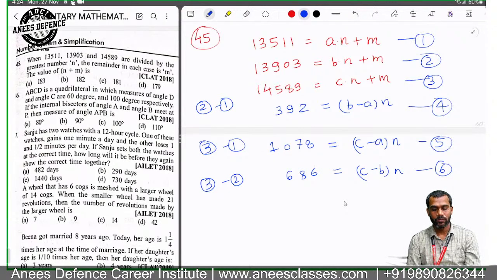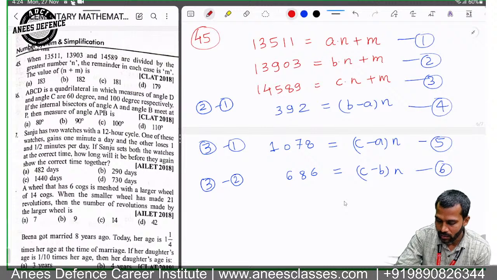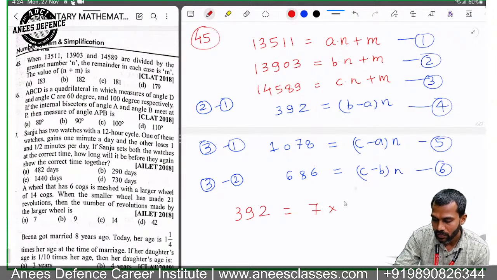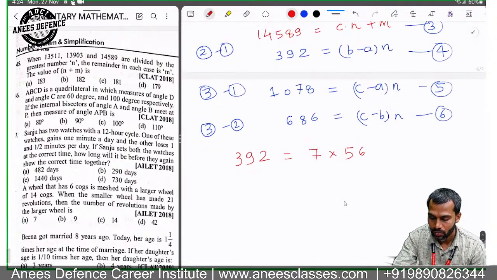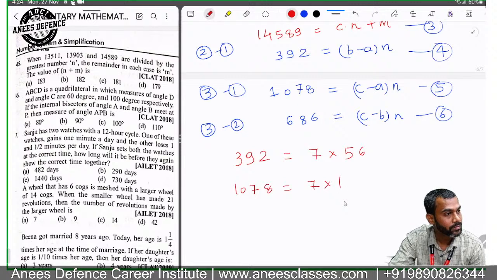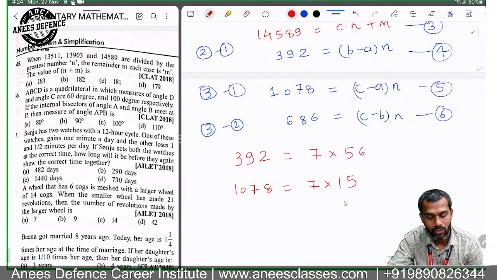So let us divide. 392 can be written as 7 into 56, 7 5s are 35 and 7 6s are 42. What is 1078? 7 times 154, 7 ones are 7, 7 5s are 35, and 7 4s are 28.